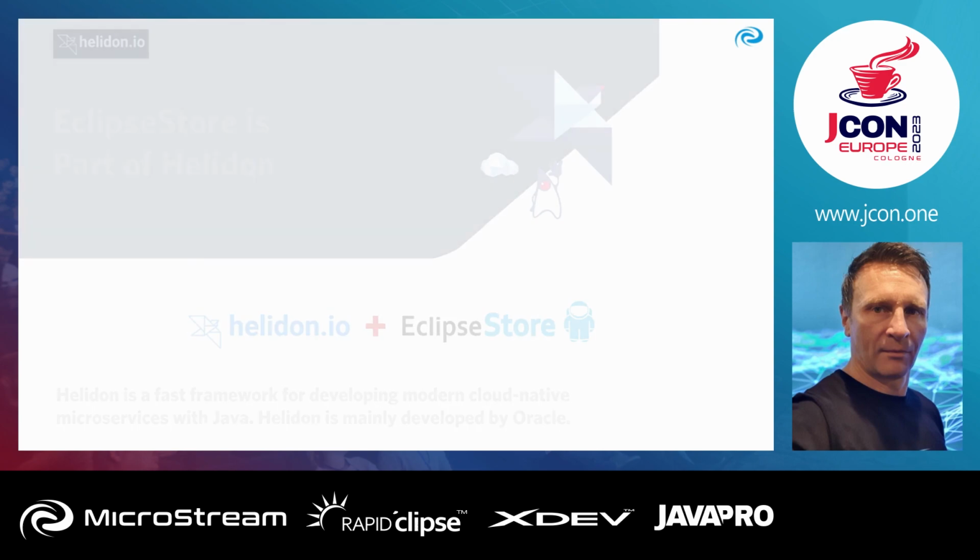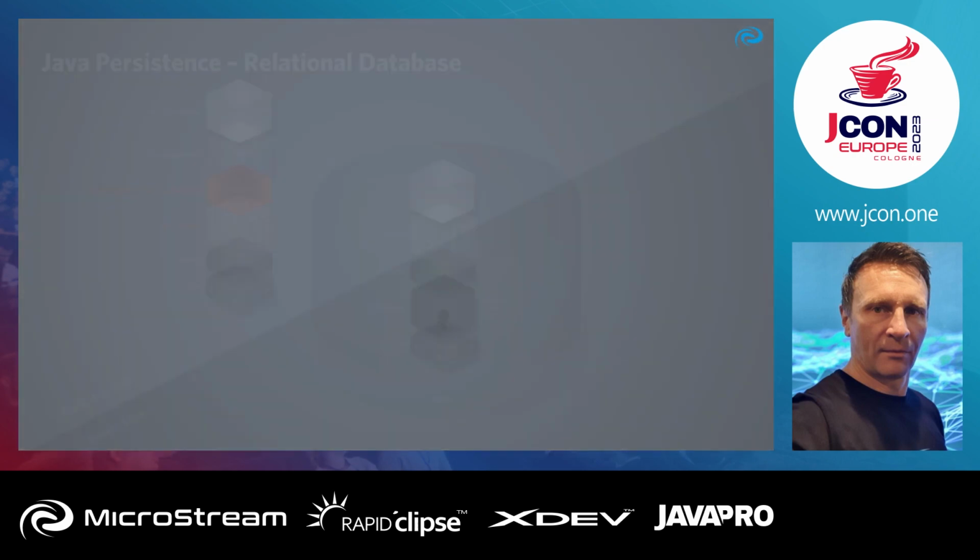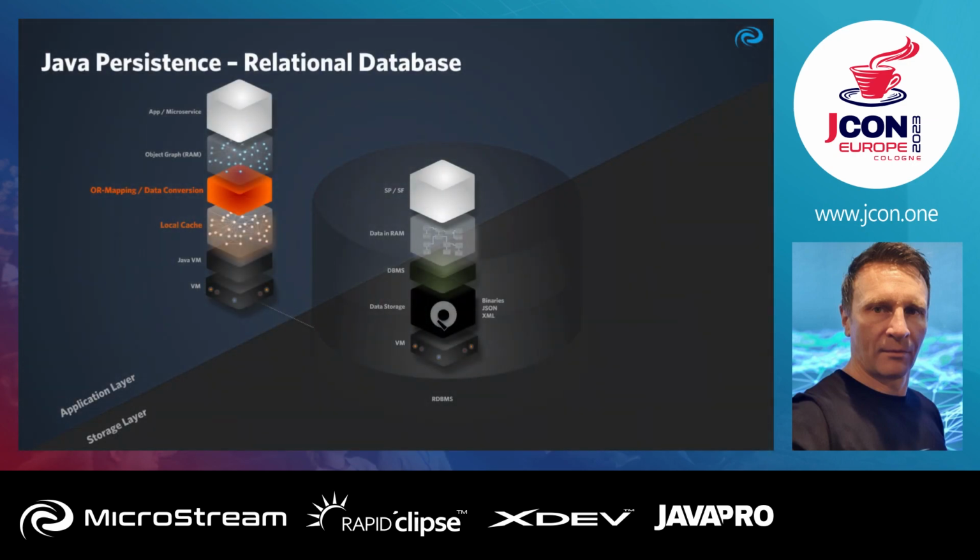And MicroStream, or now Eclipse Store, is also well integrated with Micronaut, which is also a very popular framework for creating microservices with Java. And we also provide integrations for other frameworks like Quarkus or Spring Boot, and CDI integration. So the framework is already well integrated with other solutions in the Java ecosystem.